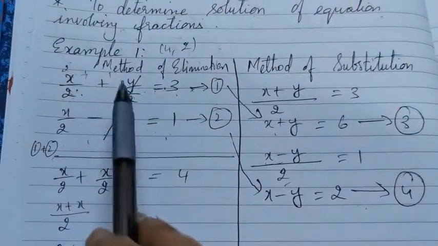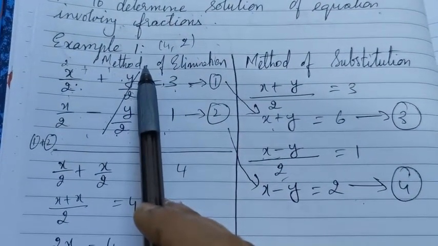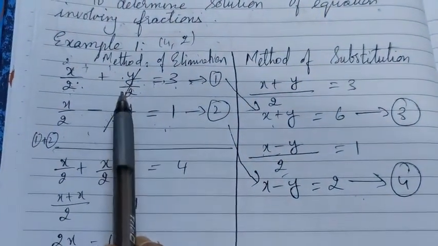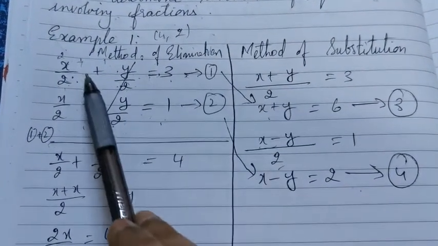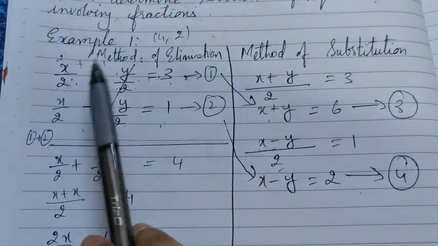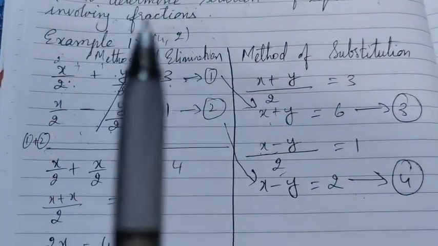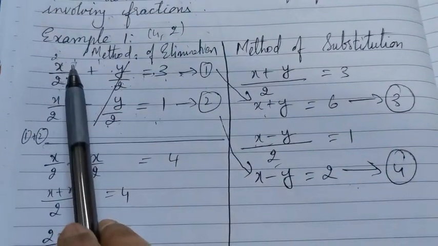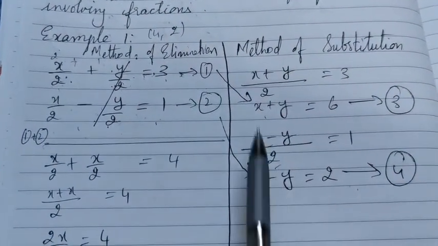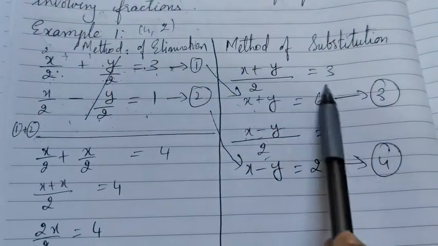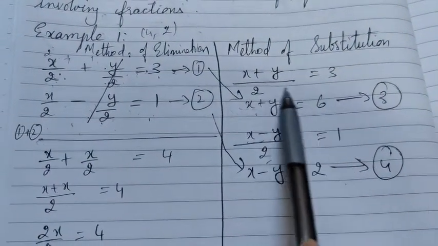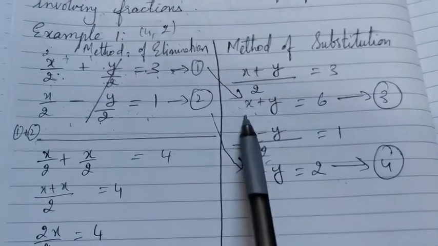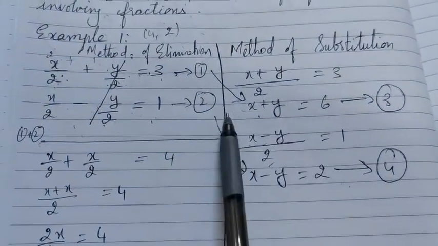So what we did: for the method of elimination we can cancel directly. For the method of substitution we need to find the value of x or y. So if your variables are in the numerator, you will find the LCM and make your equation in a form which does not have fractions.